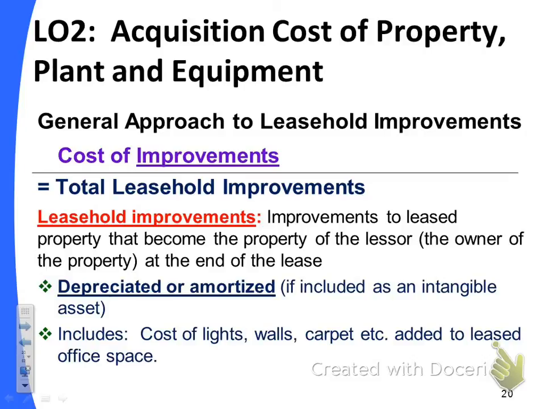Those leasehold improvements, though, are depreciated. In a lot of companies' financial statements, the leasehold improvements are noted in the annual reports in the breakout of the property, plant, and equipment. Okay? And so you've got to make note of that. It's treated a little bit differently than the building itself.